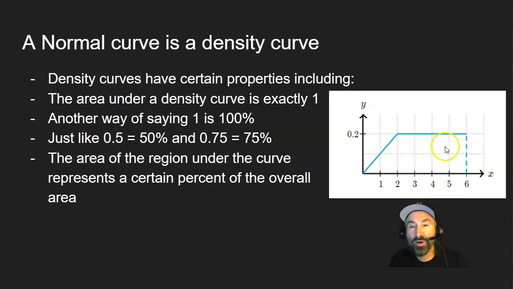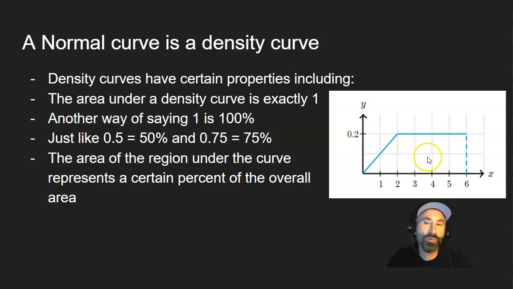And if we wanted to know what percent of data is above 4, our x value could be one of these values down here. If we wanted to know all the x values above 4, I could tell you what percent of the data this was.